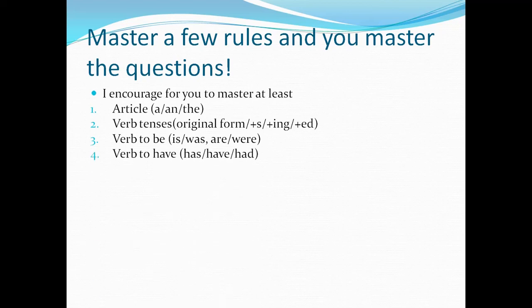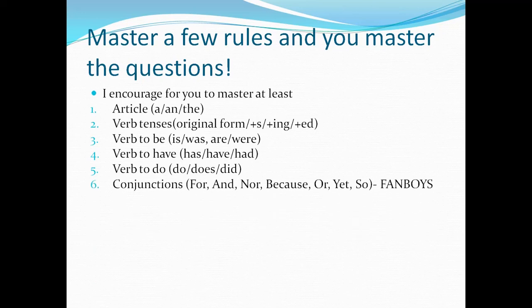Verb to have: has, have, and had. Verb to do: does, and did. Conjunctions: for, and, nor, because, or, yet, or so. The acronym is FANBOYS, so this is very helpful.